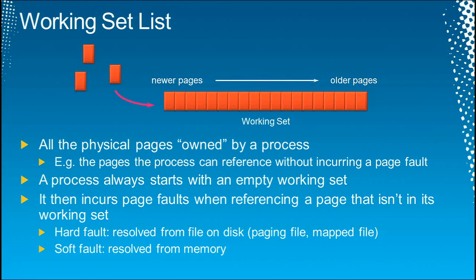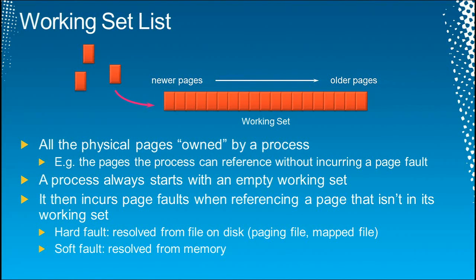Processes have RAM assigned to them called the working set that Windows keeps track of in lists that they call working set lists. The list entries are the pages of RAM that are assigned to a process. And a process always is born with having nothing in its working set. This is part of the demand paged memory management system I introduced, where the process starts up and allocates virtual memory and then starts executing code on the first page of its virtual memory, which causes a page fault, which causes the memory manager to say, I need to give this process a page of RAM, and I need to put in that RAM what that process is trying to access.